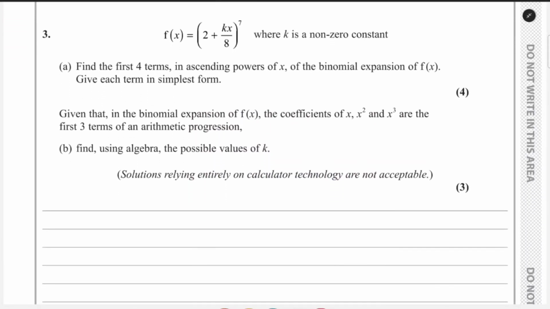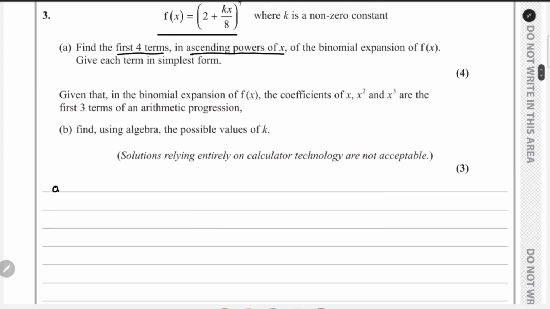Now in question 3, we have to expand this term over here and find the first 4 terms in ascending powers of x. If we expand this, we'll have 2 to the power 7 as our first term. Then we'll have 7c1 times 2 to the power 6 times kx by 8 to the power 1.